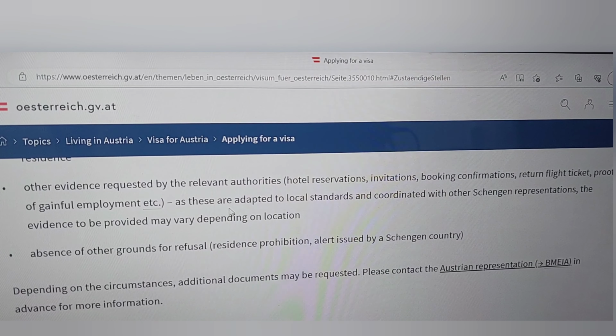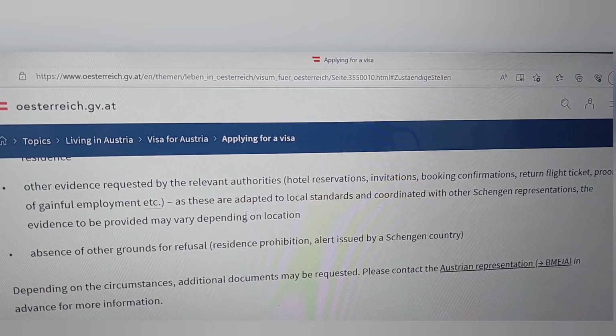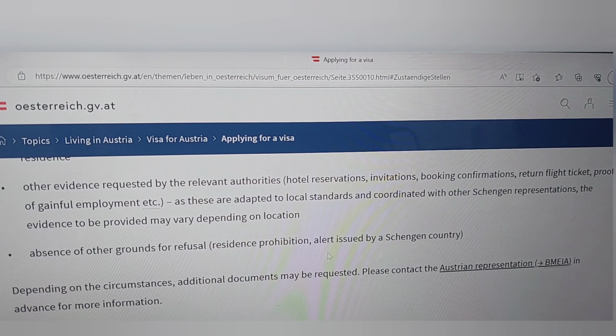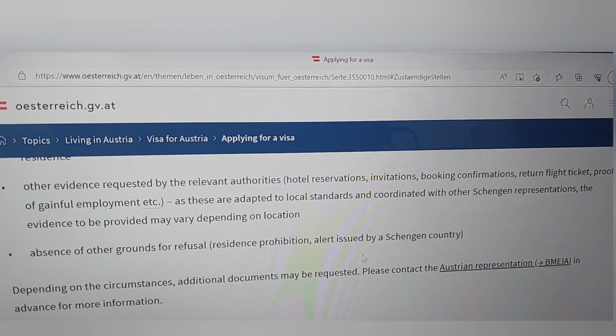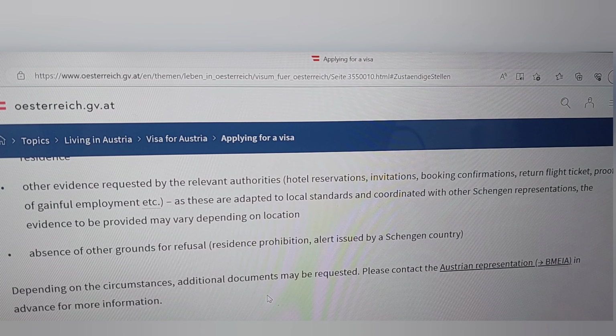Provide them, as these are adapted to the local standards and coordinated with other Schengen representations. The evidence to be provided may vary depending on the location. Take note, guys. And the last one is absence of other grounds for refusal, residence prohibition, or an alert issued by a Schengen country. That is if you have such challenges. So that is it for requirements.